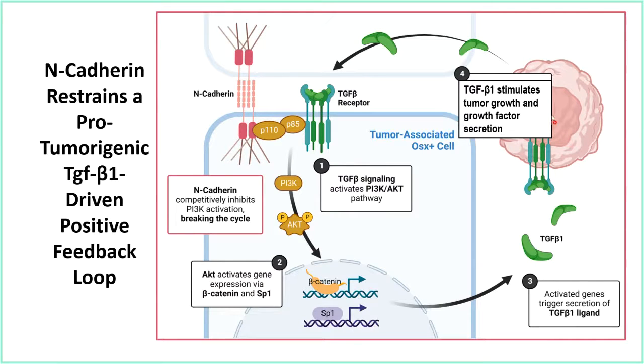And from here, the situation becomes probably more complex than I depicted here, but it's likely that TGF-β itself may be one factor that feeds back into the tumor-associated osteogenic cells, although clearly there are other factors that are secreted by tumor cells that can activate PI3 kinase or other signaling systems like Wnt signaling that are inhibited by N-cadherin.